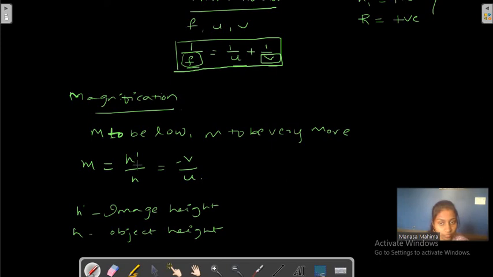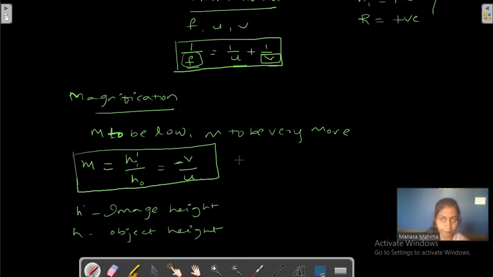If you want, you can write down here, this is I, this is O. This is the object height and this is the image height. These two are related through the negative sign of the image distance to the object distance. This is one more formula which we need to use to solve some problems later.